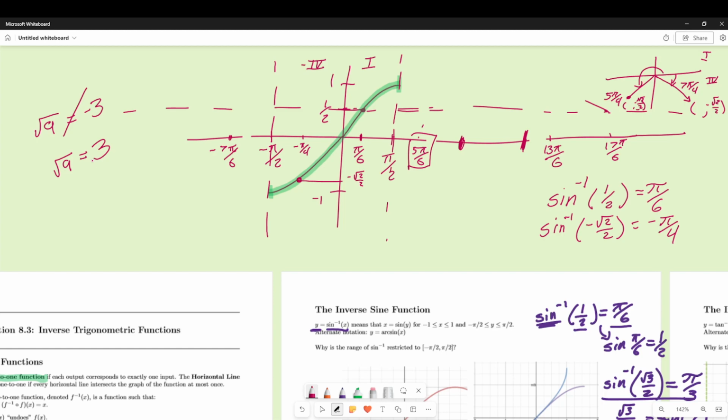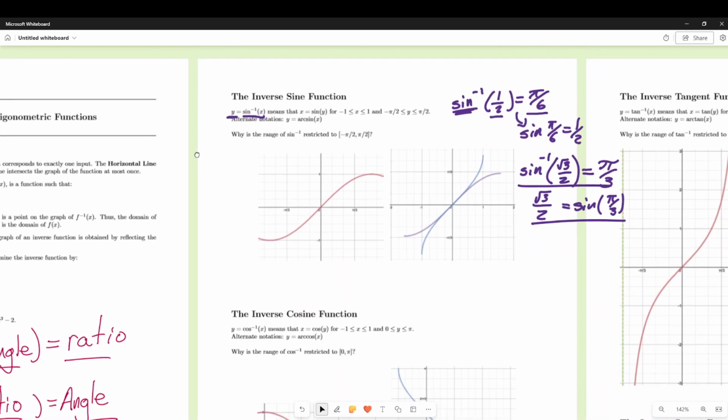We have to do the same thing with the trig functions. It's just the restriction is more dramatic. That restriction is just enough to be able to get all of the answers occurring once and only once. So that's why we're restricted to that range of negative pi over 2 to pi over 2.